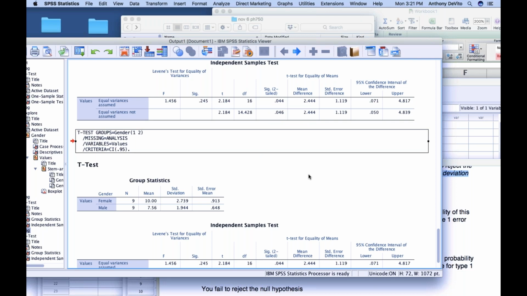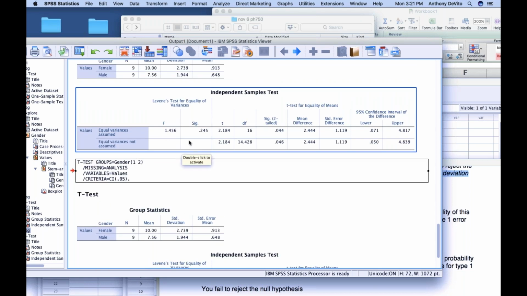Okay, just so you know, if you look over here at those 2 boxes I told you to ignore for now, Levene's test for equality of variances is an actual statistical test that you can use to determine whether you should assume equal variances or unequal variances, rather than just taking my word for it that it's not double the other.